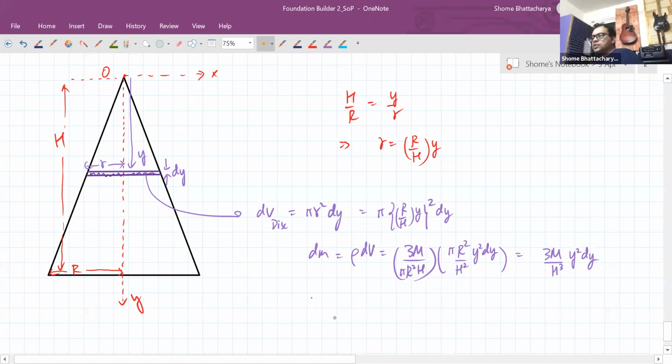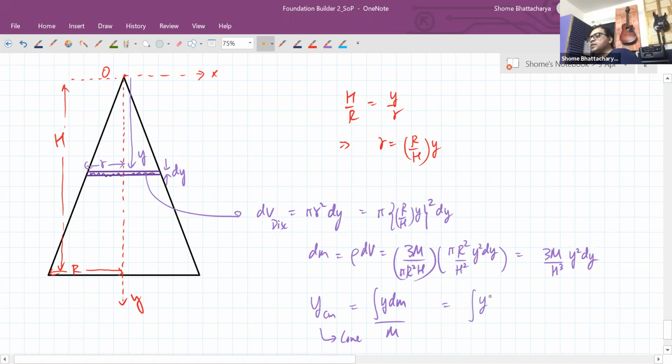So now the y coordinate of the center of mass of the cone becomes the integration of y dm divided by the integration of dm, over all disks. Now this disk's center of mass is lying here only. So the y coordinate is just the y coordinate of the disk itself.